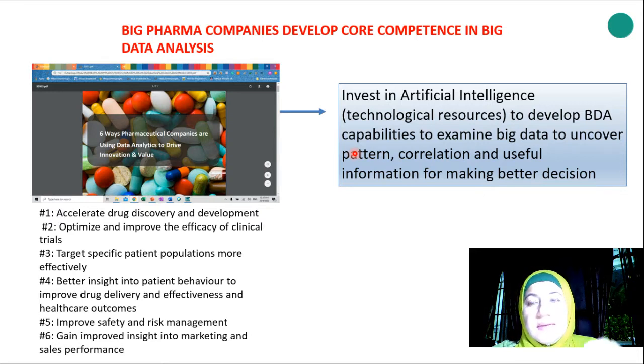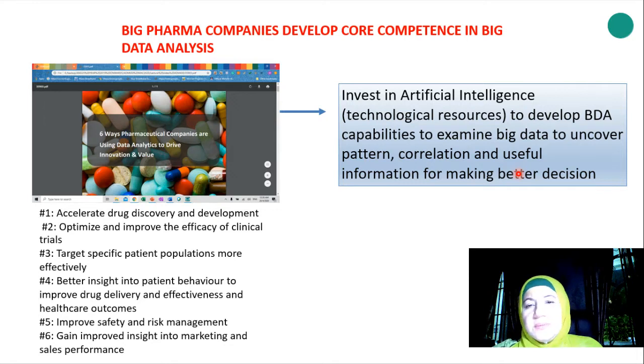From there they help their people, the workers, to develop the BDA capabilities, so that they can undergo the process of analysis, such as uncovering hidden patterns and doing correlation analysis, and find useful information from various sources for the purpose of making better decisions, which all this while had been handled traditionally through the human mind process.